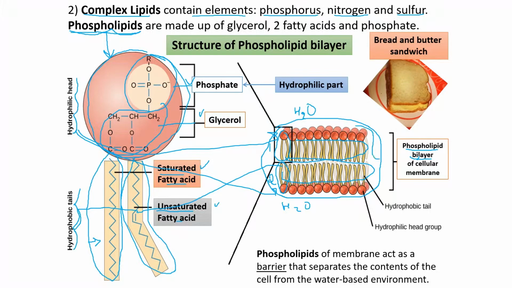This kind of orientation is called the phospholipid bilayer, and it is the major component of the cellular membrane of all living organisms. So all cells in living organisms are made up like this. Here are, say, three cells, and they all have a membrane around them. The major component of the membrane is a bilayer of phospholipids.